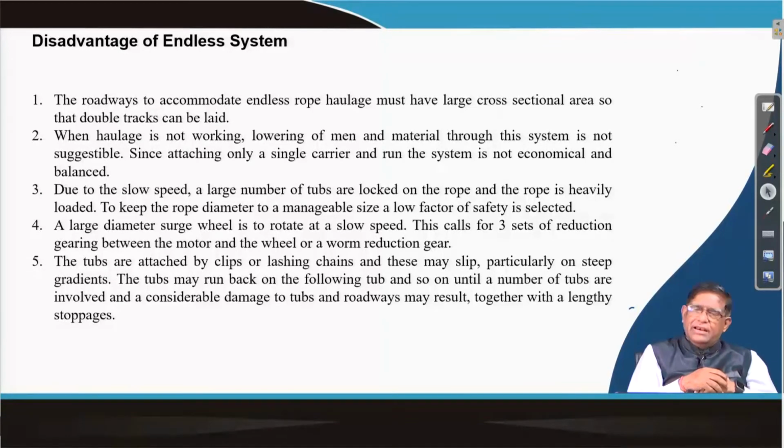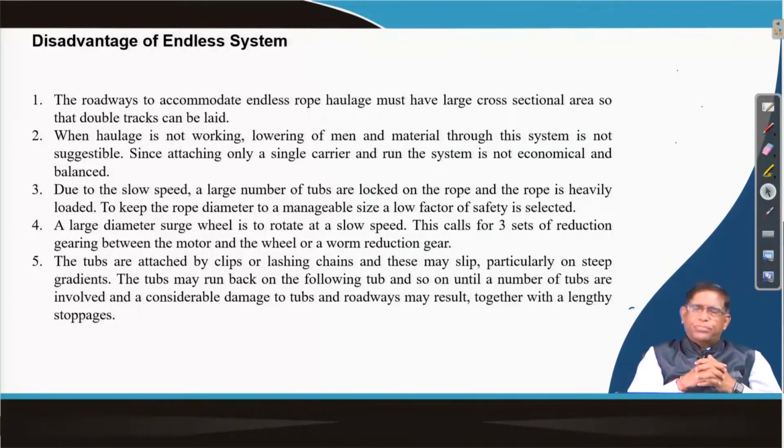In an endless rope haulage, one end is taking loaded tubs while the other one is going down. As you have seen in that figure, you need to make a wider gallery. And when the haulage is not working, lowering of man and material through this system is not suggestible, since attaching only a single carrier and running the system is not economical and balanced.